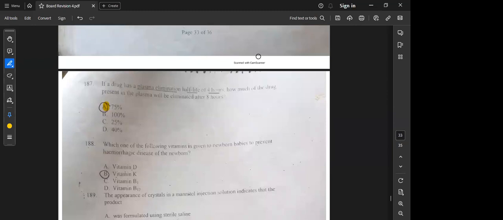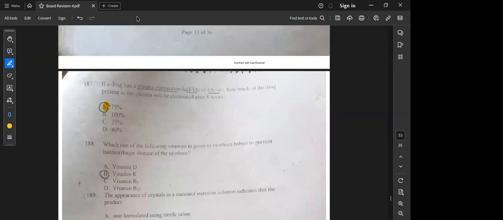Hiral, that question 187, it shouldn't be 100%. I was assuming that if it's less than 4 hours, like for 2 hours it would be 25, and at 4 hours would be 50, and then if you increase more, at 6 hours it is 75.